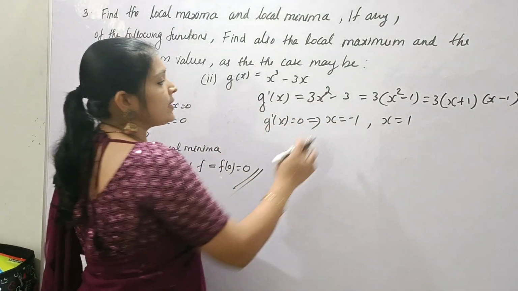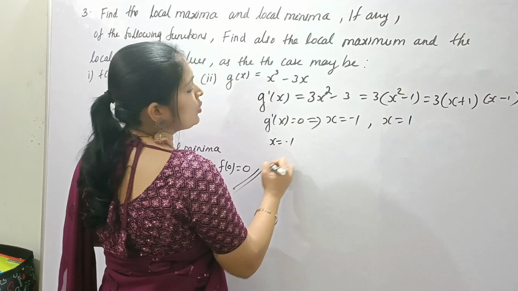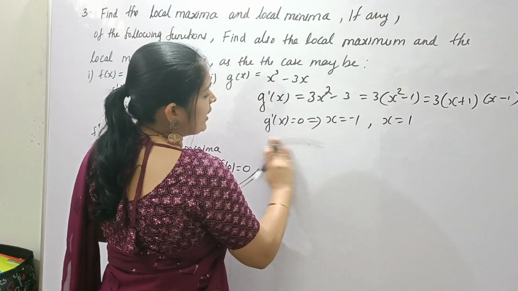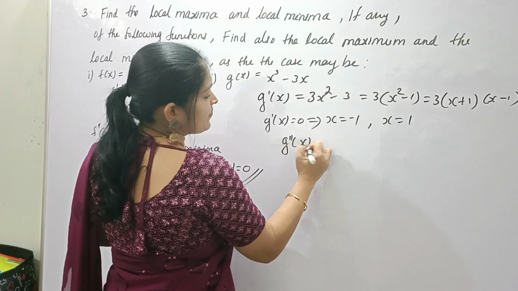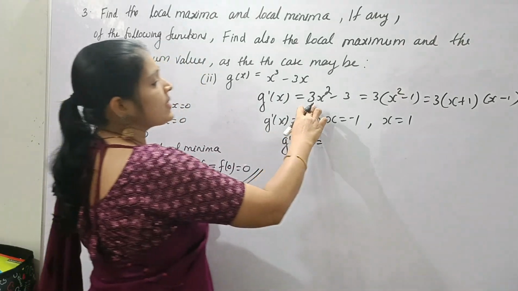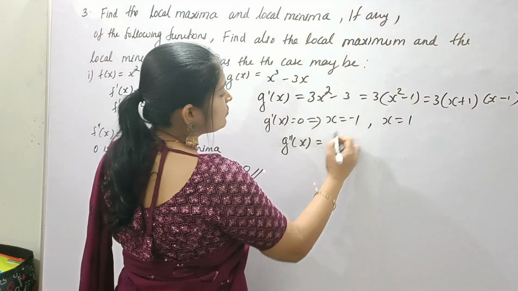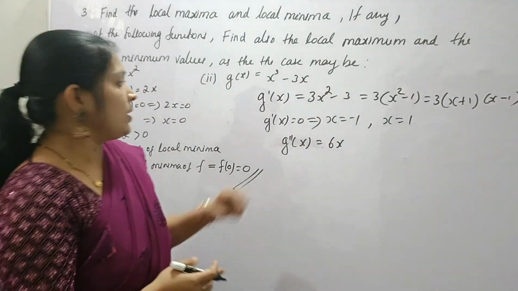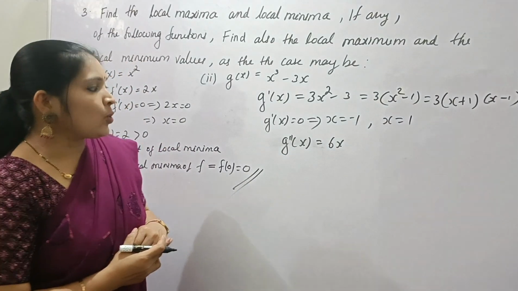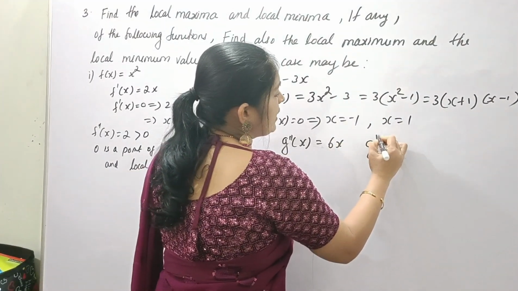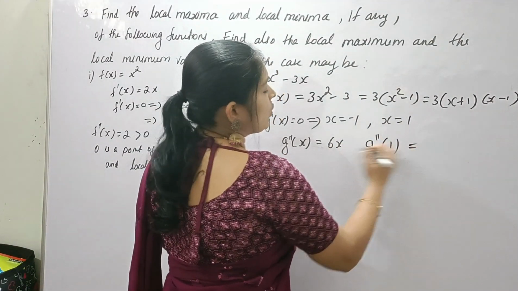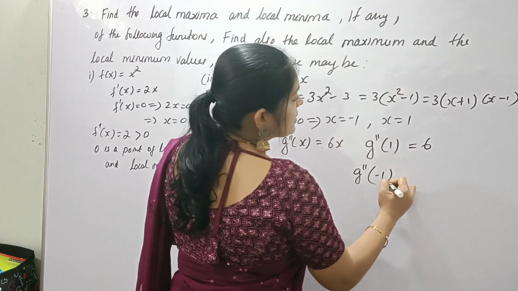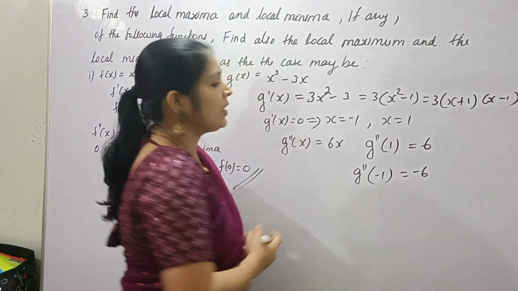So first let's consider x is equal to minus 1. Let's find g double dash of x. g dash of x is this one, right? So g double dash of x is equal to 6x. Then g double dash of 1 is equal to 6, and g double dash of minus 1 is equal to minus 6.